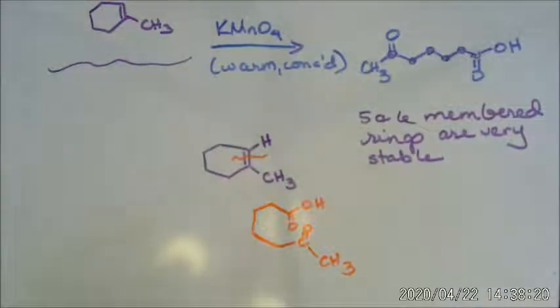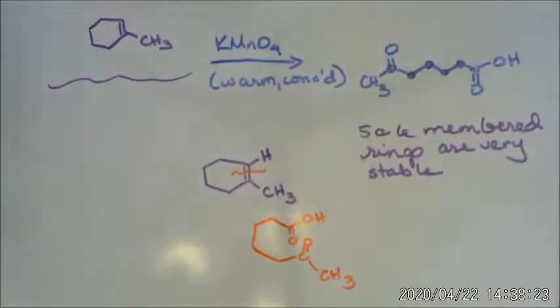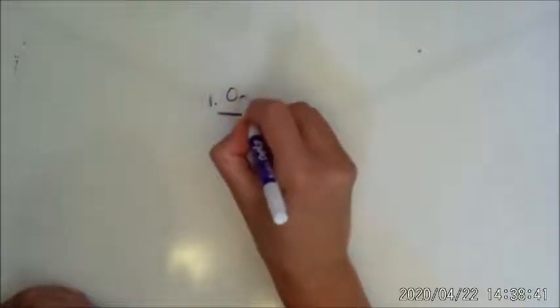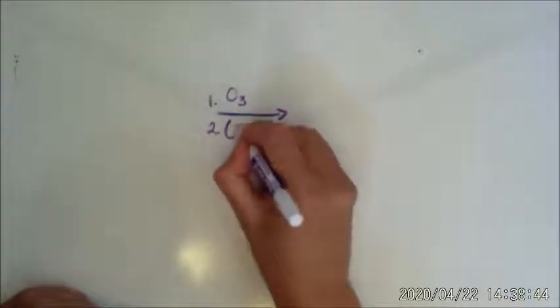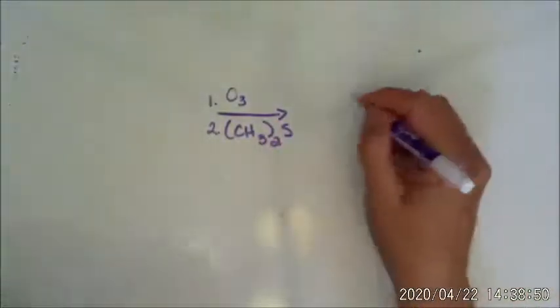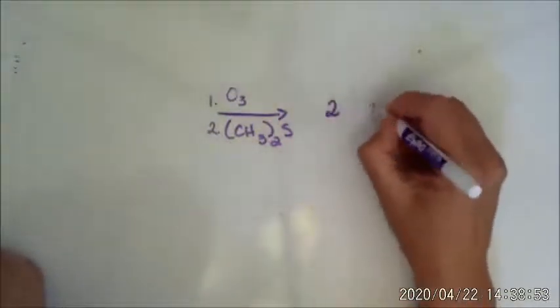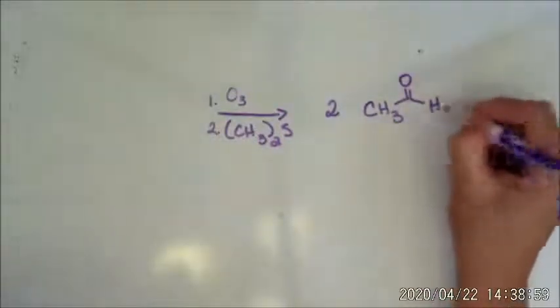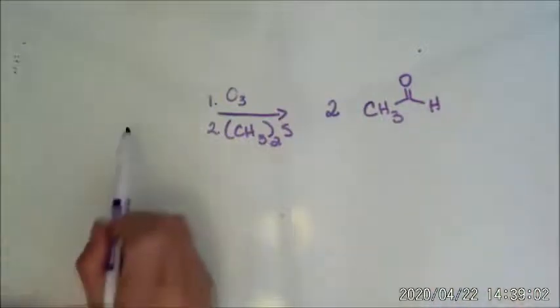Okay, let's try a different one. Suppose I have a compound here, and I subject it to ozonolysis and then dimethyl sulfide. And what I get is 2 moles of acetaldehyde. So what was my original structure?